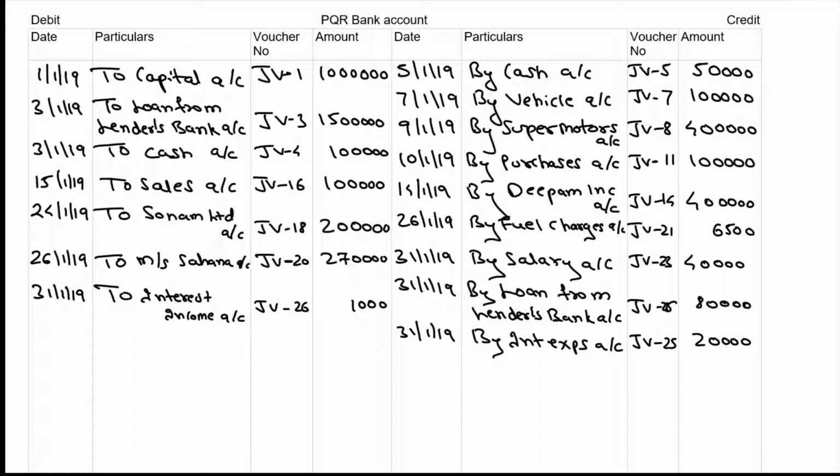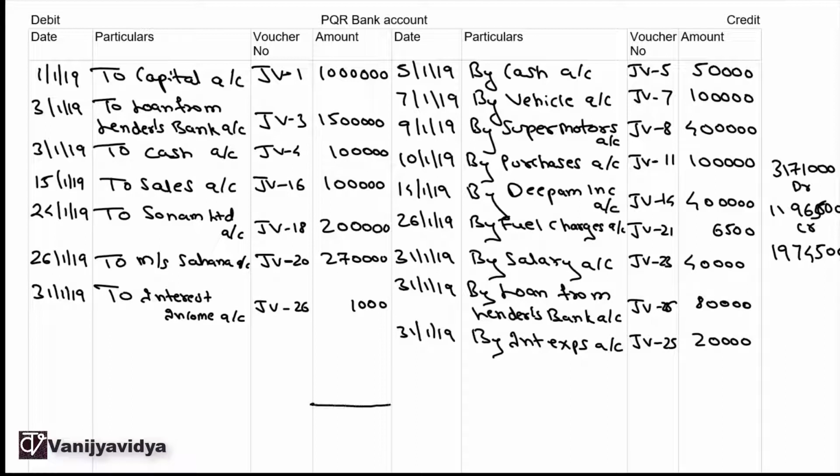PQR bank account. So total of debit side is 31,71,000. Total of credit side is 11,96,500. So the credit side total is less here. So the difference, that is 19,74,500, is the balance which is carried forward.